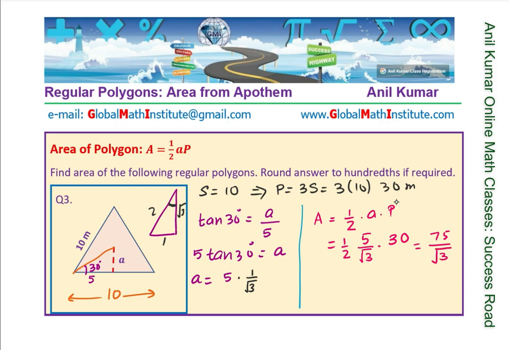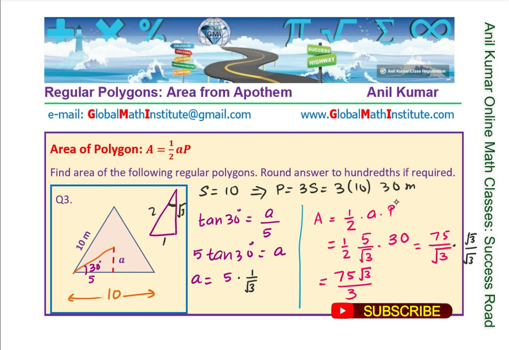It is a good practice to rationalize, right? So we'll actually rationalize it, multiplying and dividing by square root 3 itself. So we can write 75 square root 3 over 3. So rationalization basically means multiply and divide by the radical, square root 3 over square root 3. That's what we did, correct?